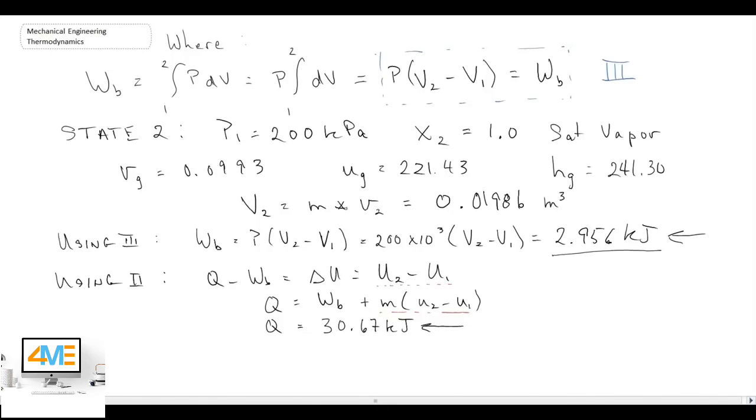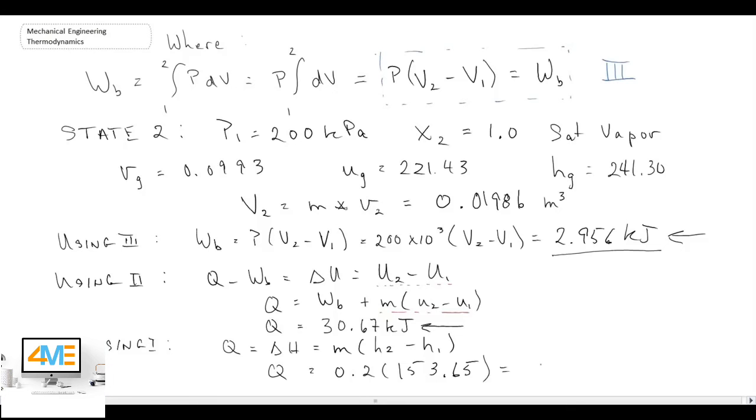Let's try using equation 1. So H2 minus H1 is the difference in enthalpy between state 2 and state 1.